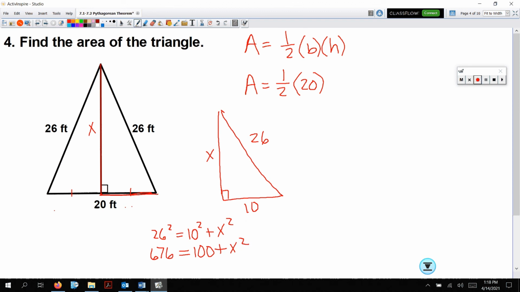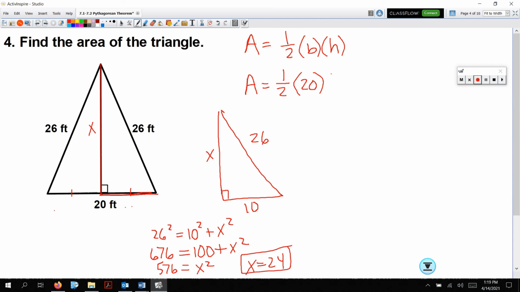We subtract 100 from both sides, we get 576 equals x squared. And get out your fancy little calculators and take the square root of 576. And we get 24. Cool. So x is equal to 24, or the height of this triangle is 24 feet.